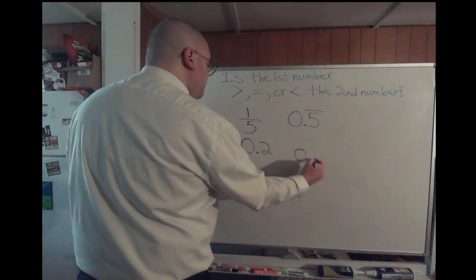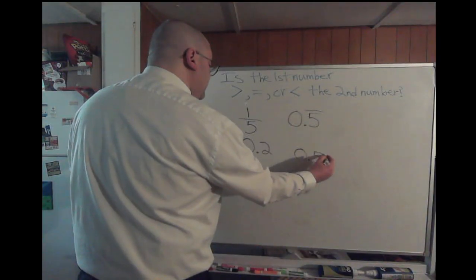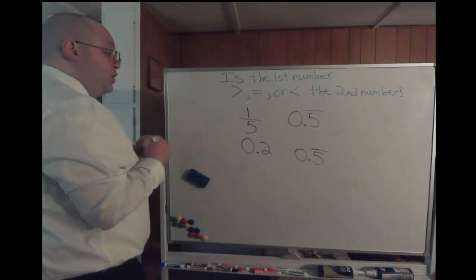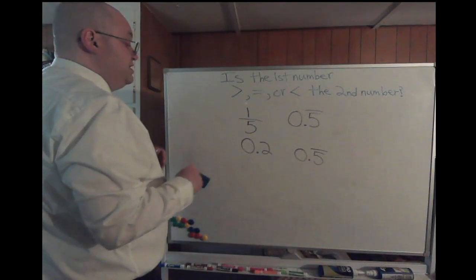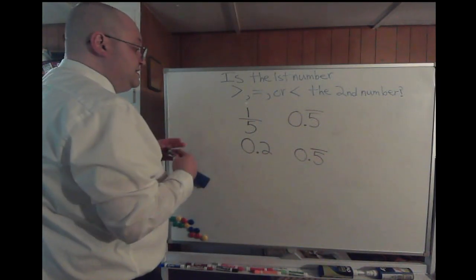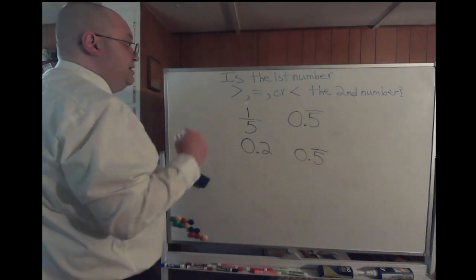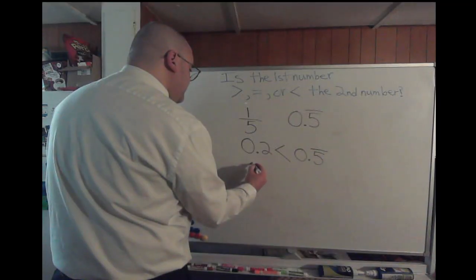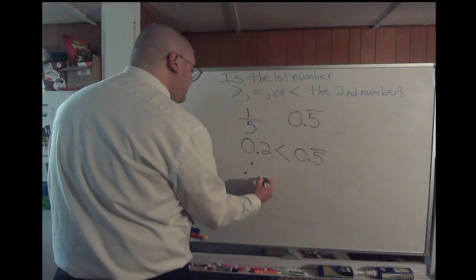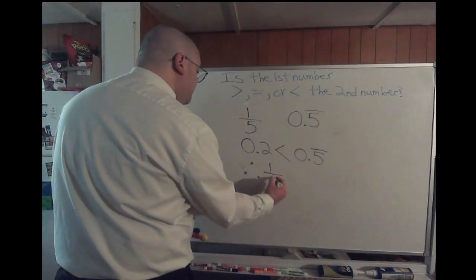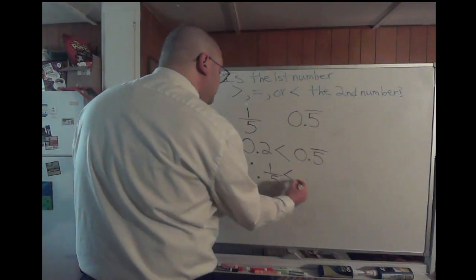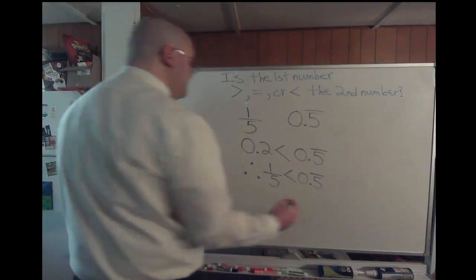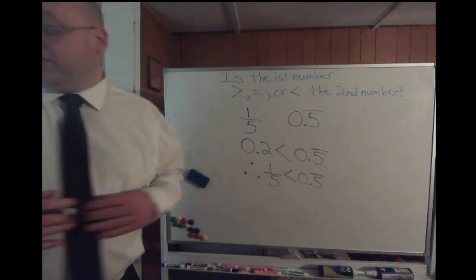Is 0.2 greater than, equal to, or less than 0.5 repeating? It should be pretty clear it's less than. So therefore, 1/5 is less than 0.5 bar. That one should have been pretty obvious.